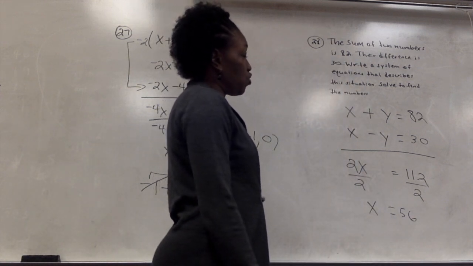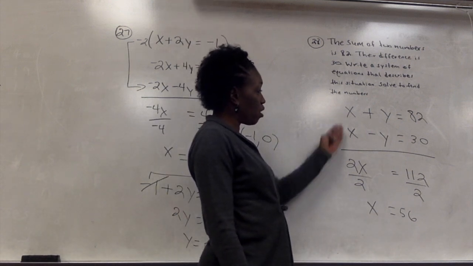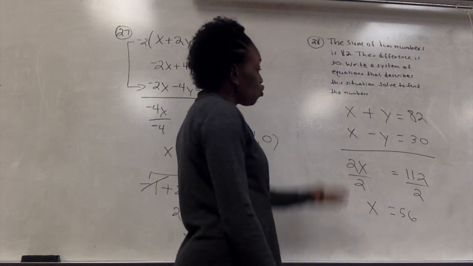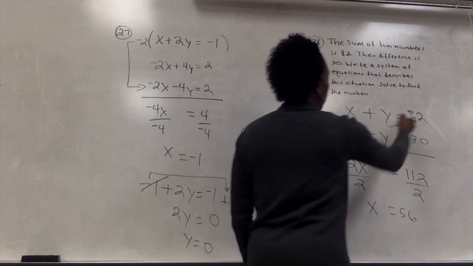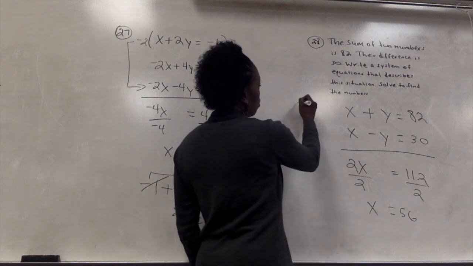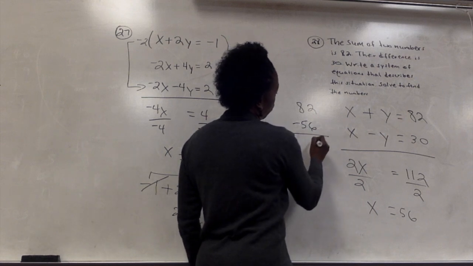Now, I need to know what my y is. So once again, you have the choice. You can choose either one of these to plug your x in. So if I choose my top equation, that means I'm going to take my 82 here and subtract my 56 in order to find my y. So I'm going to come over here to the side and do subtraction.